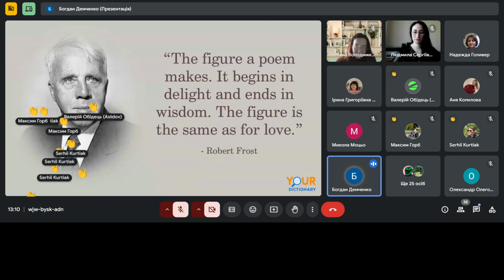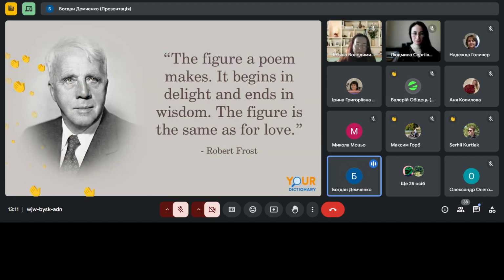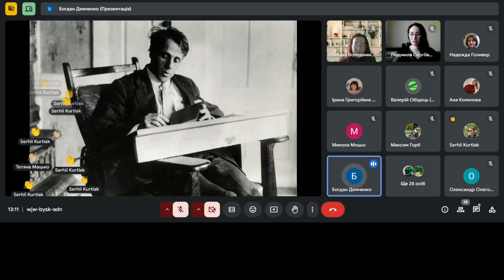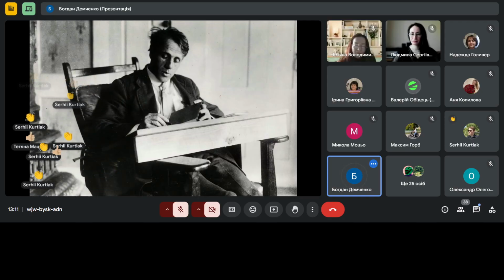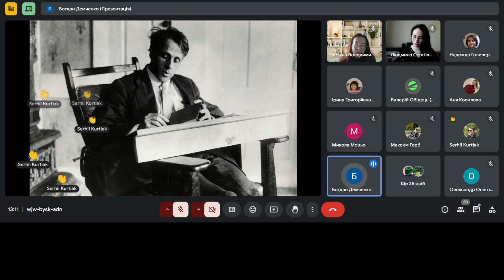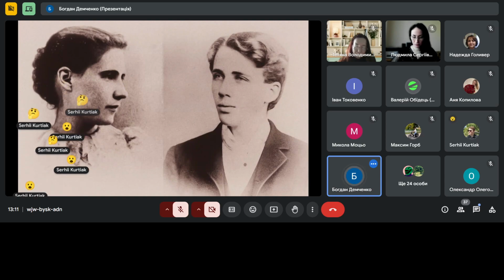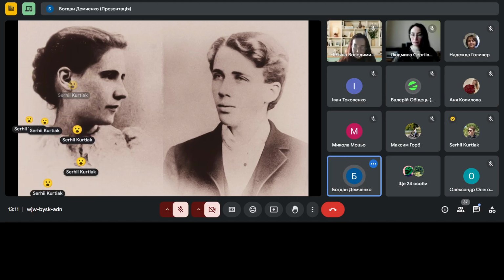Hello, everyone. Our presentation is going to be about an American poet, Robert Frost. He was born in San Francisco in 1874, but after his father died when he was 11, his family moved to New England on the East Coast where his grandparents lived. Here he attended high school where he was honored as an exceptional student by the fellow student Eleanor White.